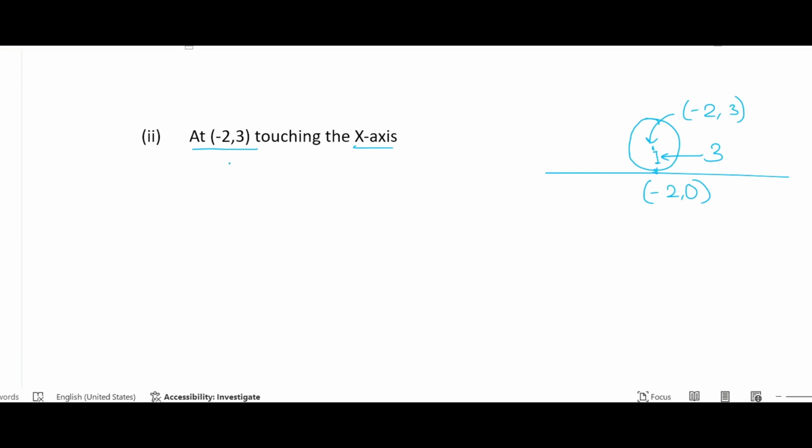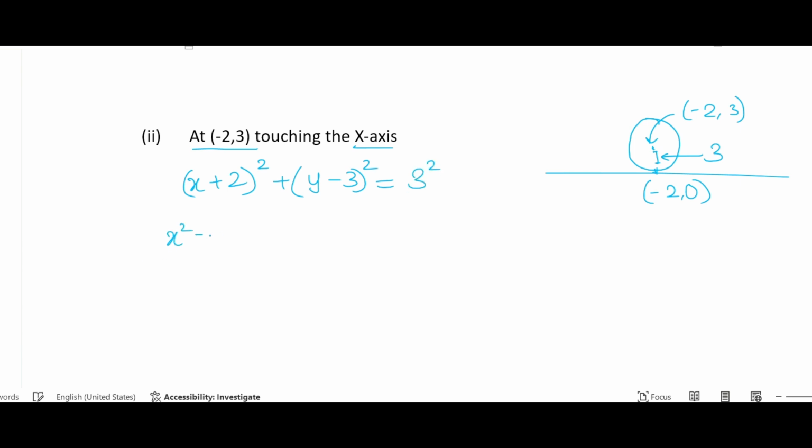So your equation using the center radius form again is x plus 2 the whole square, right? Because it's x minus h and your h is a negative value, so it's going to be x plus 2, plus y minus 3 the whole square is equal to 3 square.